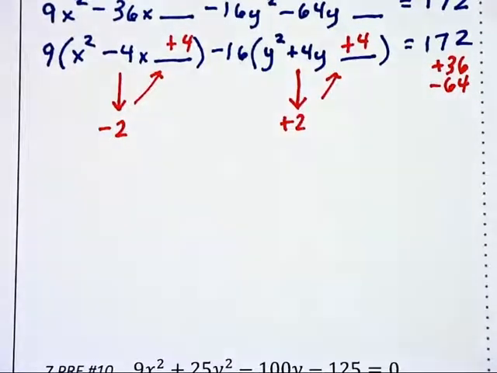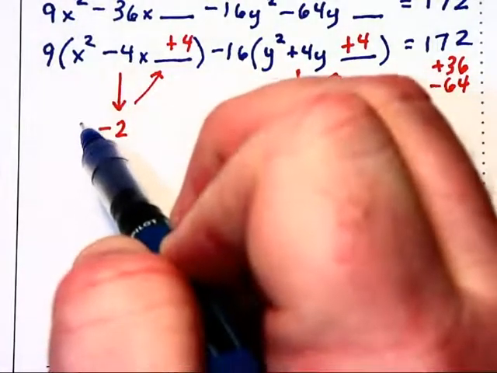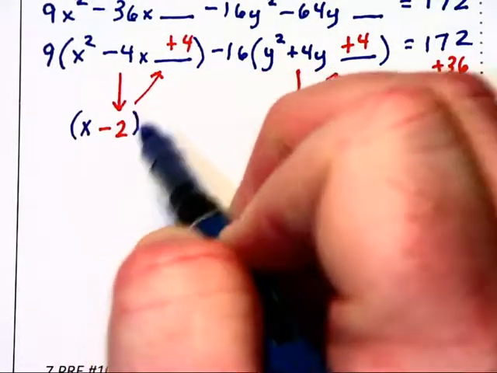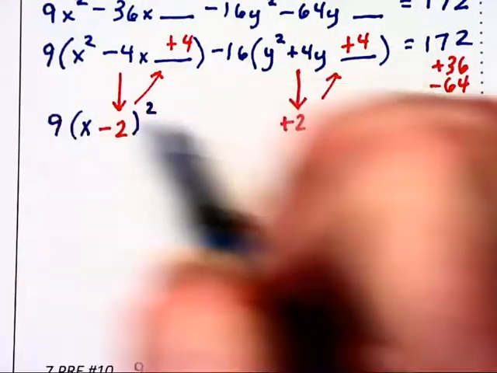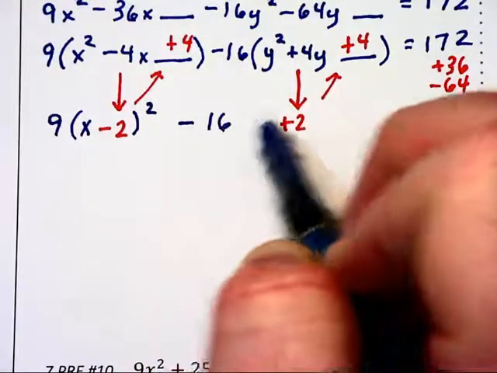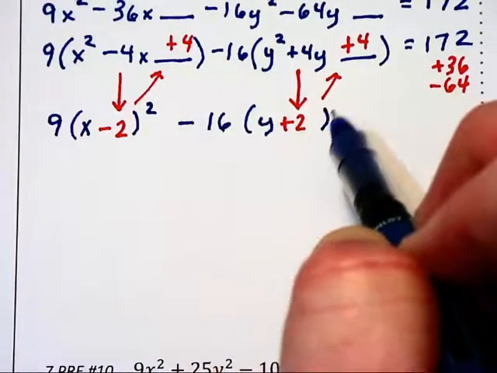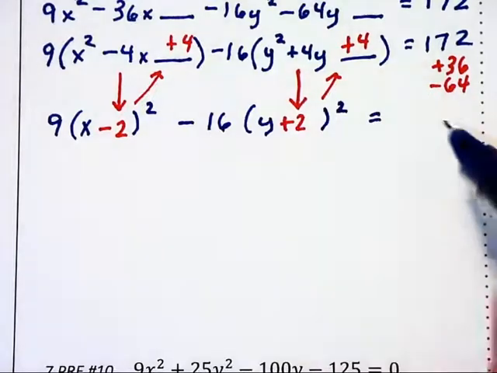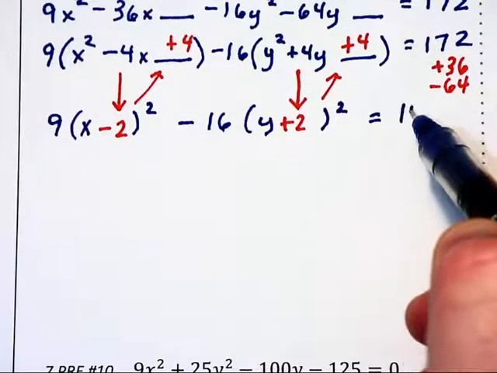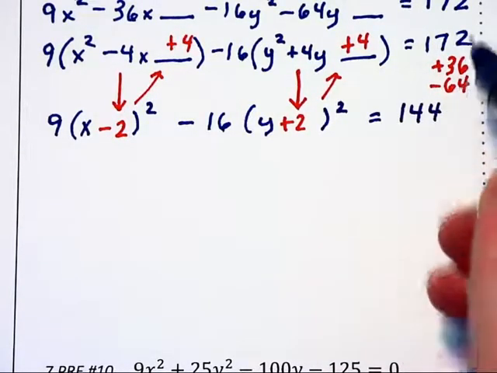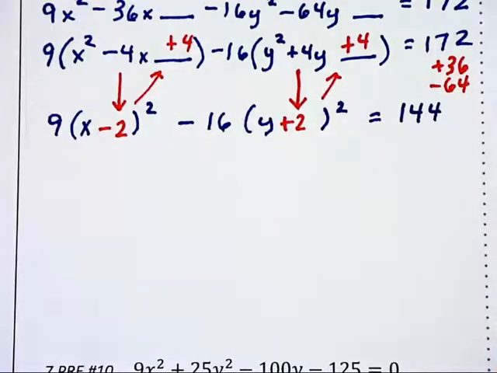Okay, now we complete the square. The x grouping becomes 9 times x minus 2, quantity squared, followed by negative 16 times y plus 2, quantity squared, equals 144. That's what we get when we add these values together at the right.